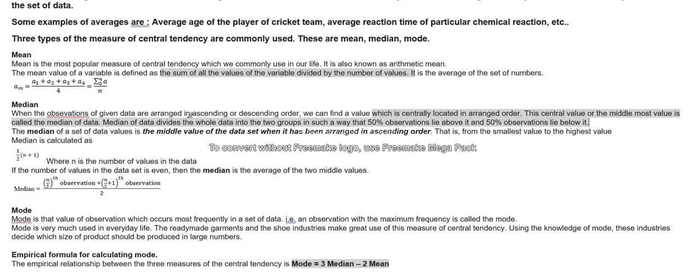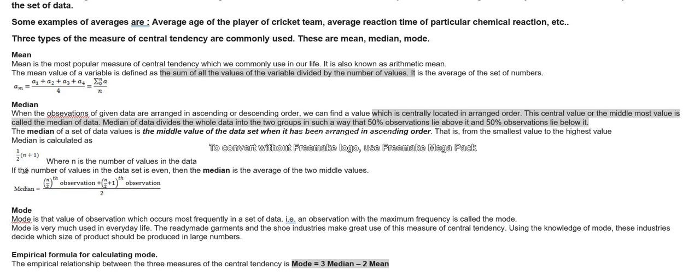So the median is the middle value of a data set when we arrange the data in any order, in ascending order for example, from the smallest to the highest.